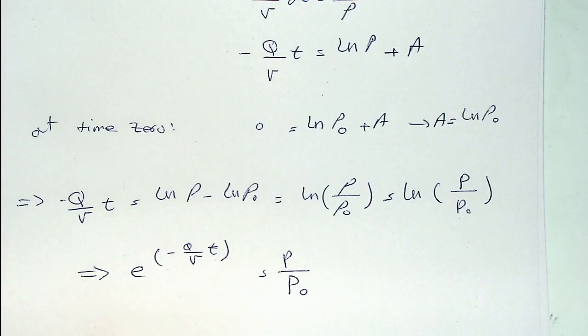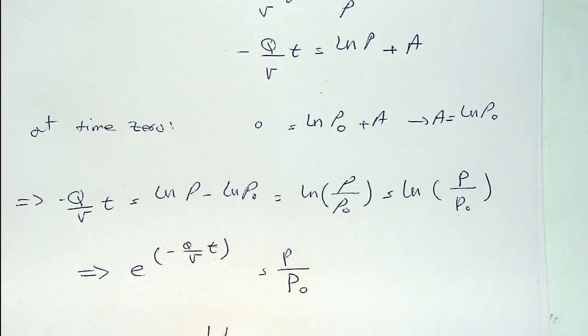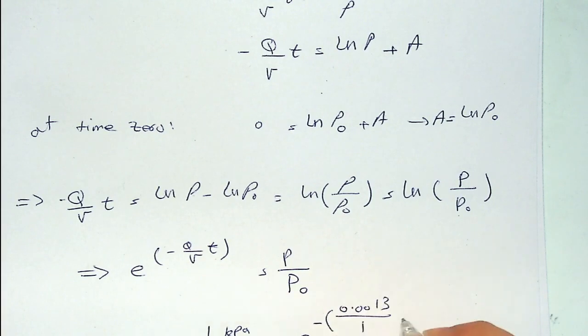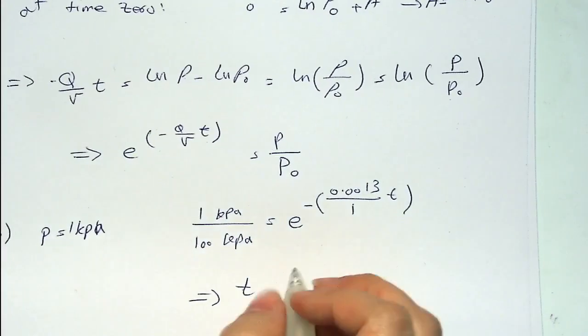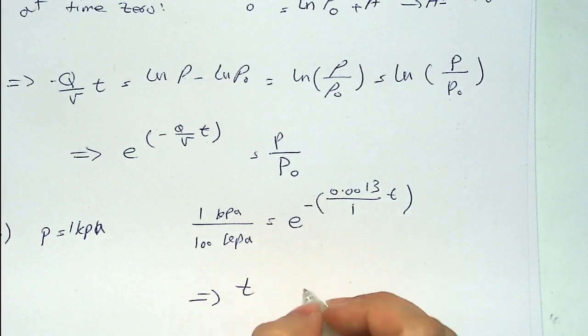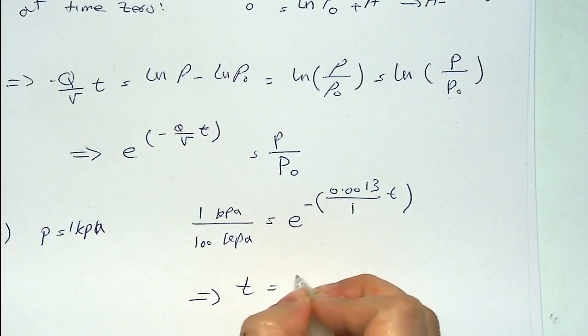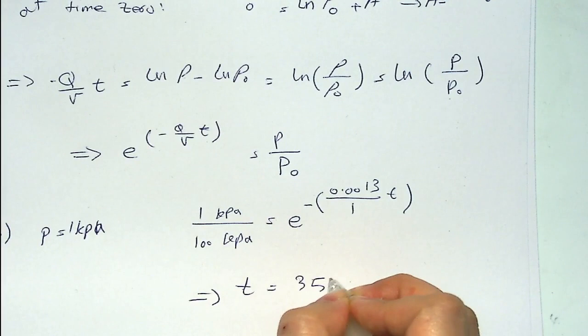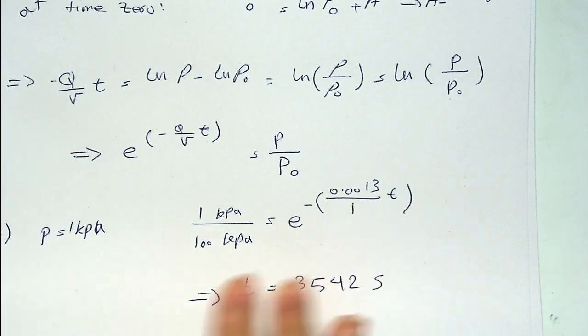So if I use this above equation, and the P is now 1 kilopascal, the initial P was 100 kilopascal, and I know the Q, I know the volume, I can easily calculate the T. So T would be equal to 3,542 seconds.